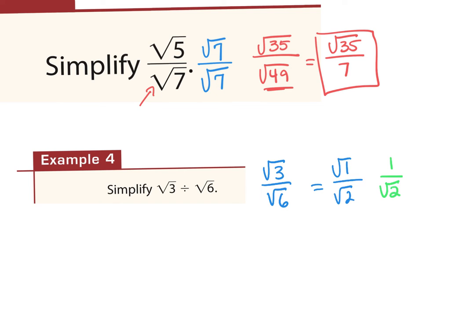So we actually end up with something that looks like that. But this is not in simplest form because I still have the square root of 2 down there. So once again, I am going to multiply the top and the bottom by the square root of 2. And so when I do that, I am going to get the square root of 2 on top and just 2 on bottom.